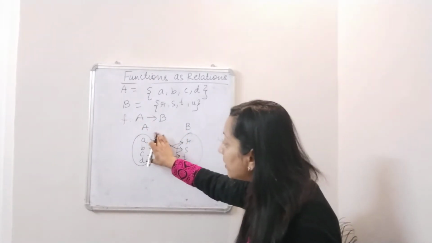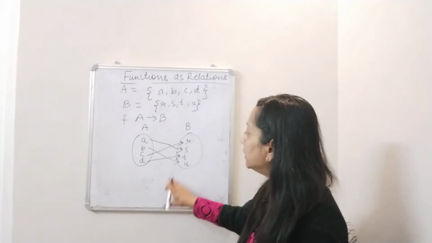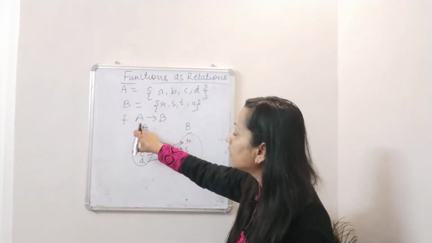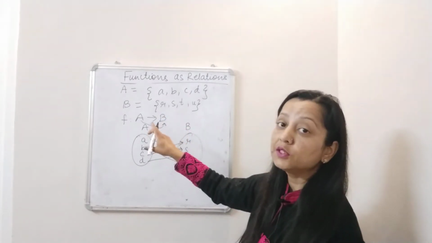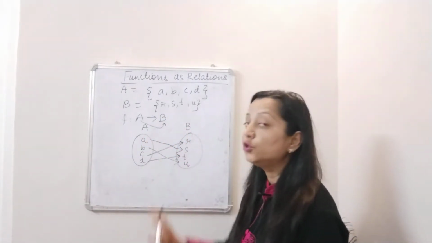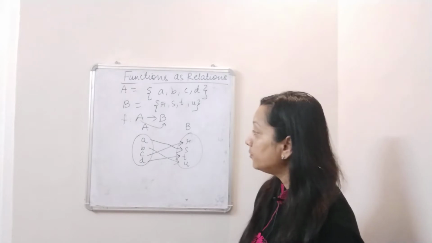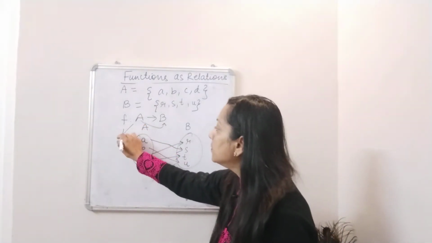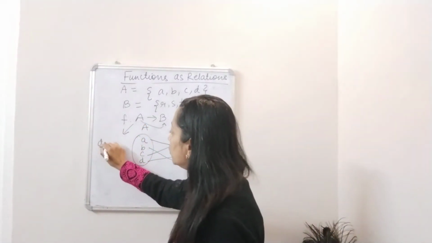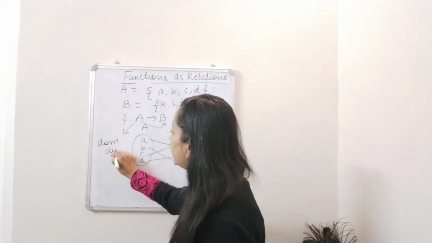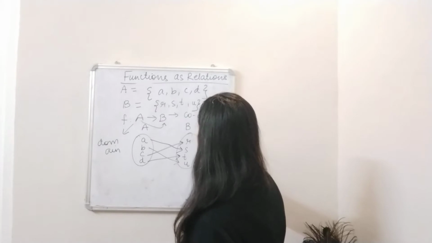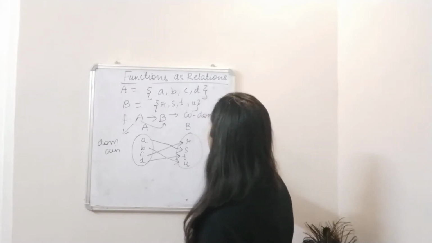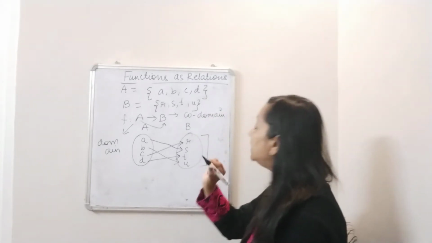So that means the mapping will be in such a manner that, since this function goes from set A into set B, the elements of set A will be assigned to the elements of set B. That means that the elements of A will form the domain of the function, the elements of set B will form the codomain of the function.